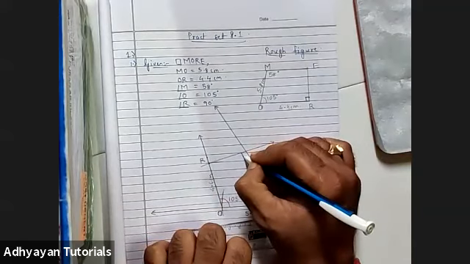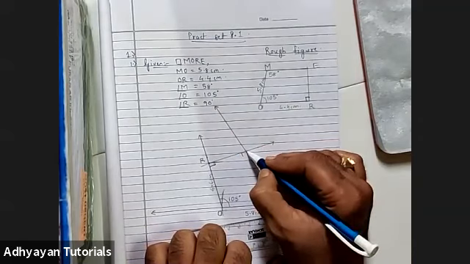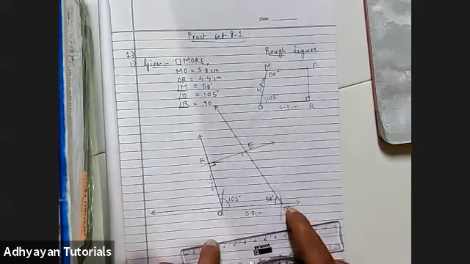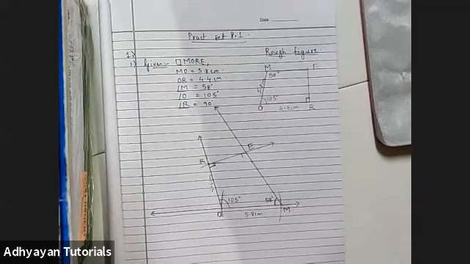So this angle has to be 90 degree, and this point, children, would be point E. So here is the quadrilateral, MORE, right? I hope this is understood to all of you.